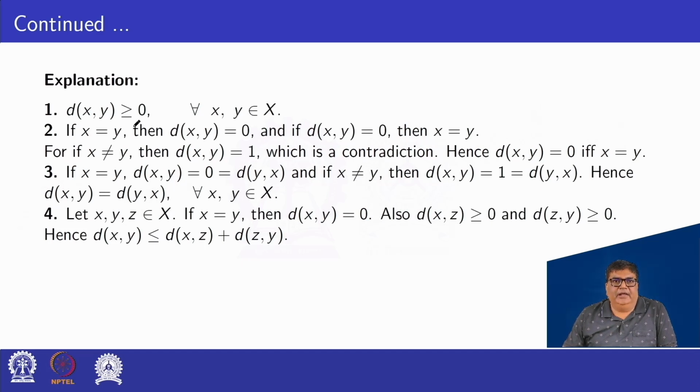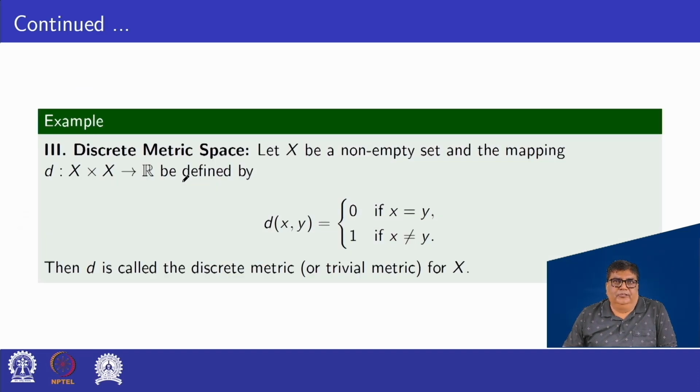Explanation: dxy greater or equal to 0 because here dxy is defined as 0 and 1. So always if x equal to y or not equal to y, then both cases greater or equal to 0.